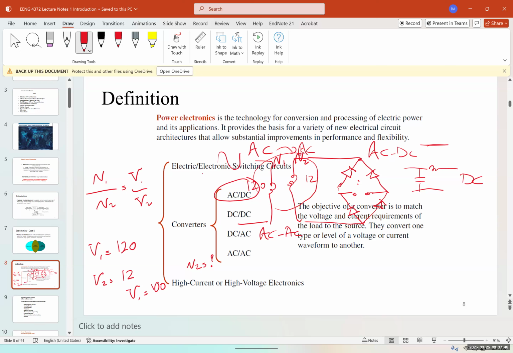I want you to think on this a few minutes. So N1 is 100, N2 is unknown, V1 is 120, and V2 is 12. So N2 will be 1200 over 120, which is 10.